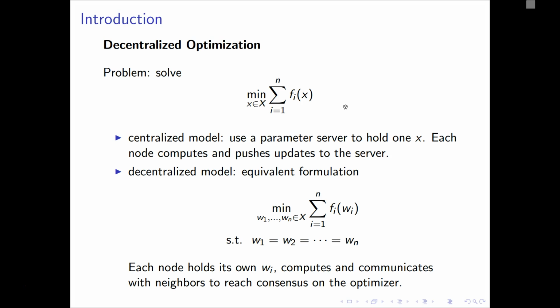But our goal is still to minimize the sum of loss functions, and we add a constraint that w_1 through w_n are all equal. So you can see that at optimality, the two problems are equivalent. However, since the w_i's could be different, each node holds its own w_i, and it will compute and communicate with the others so that we reach a consensus. And the consensus will be the optimal value.